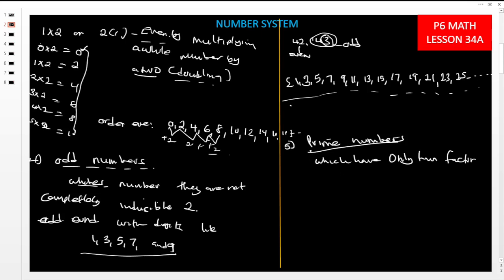So these prime numbers have only two factors: one, and the number itself. And some people try to confuse prime numbers with odd numbers. Now let us first see the first prime number.